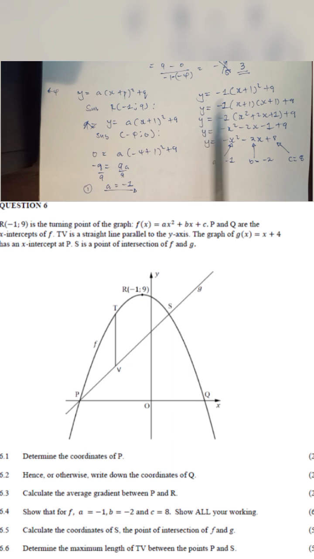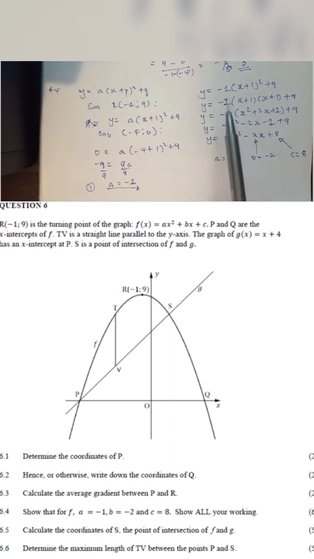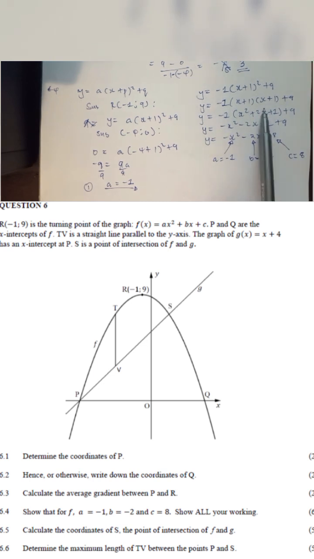Now listen here, this will be your equation. We took that a and put it there. We have y is equal to negative 1 times (x plus 1) squared plus 9, where x plus 1 comes from the turning point. Now you simplify, distribute whatever needs to be distributed between these brackets, then you multiply the negative 1 into the bracket only, not the 9.